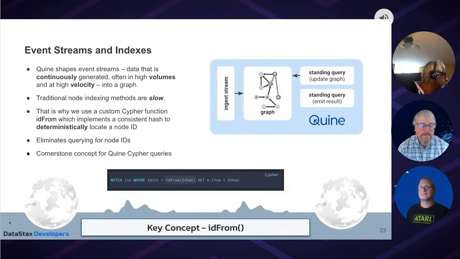That is truly what allows Quine to run at 1 million events per second, which is what we just accomplished, as well as keep up with event streams coming from any number of data sources, multiple Kafka topics, or files, mixing all of that information together and taking insights all at the same time. Everything's indexed very deterministically. We can take the information from any event and tell you what the node ID will be from that. All right.